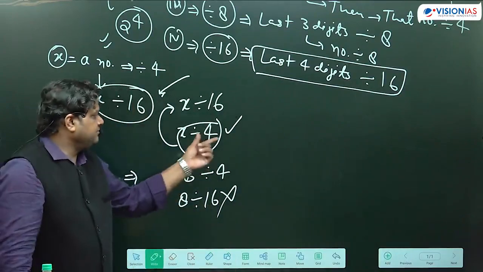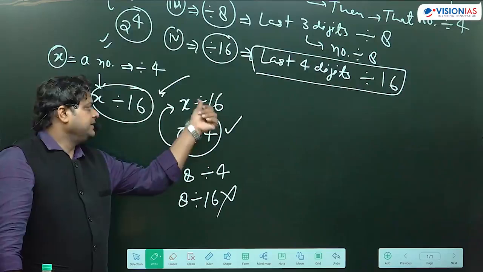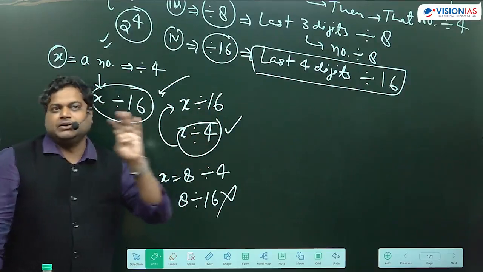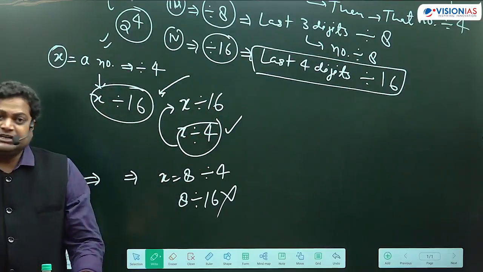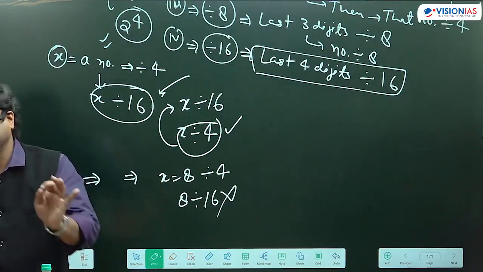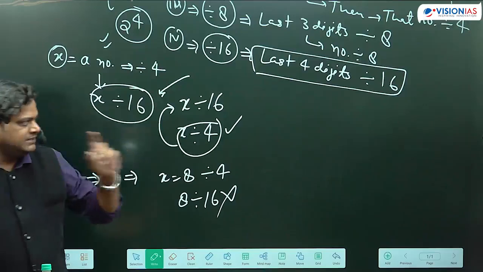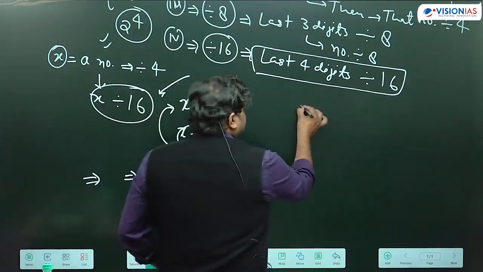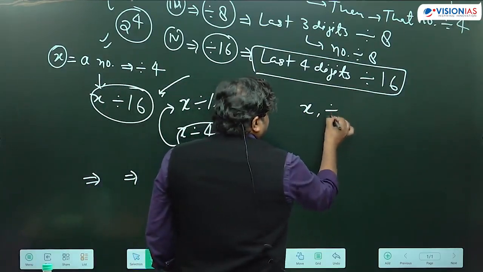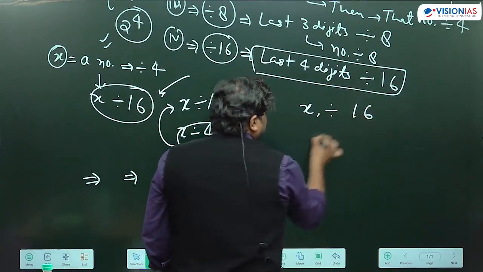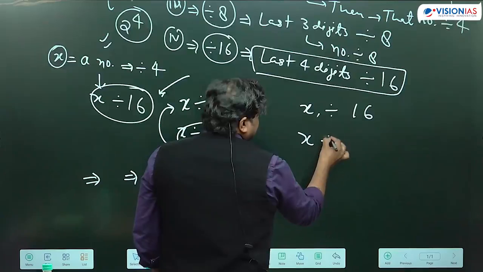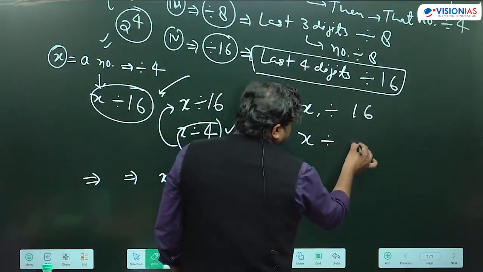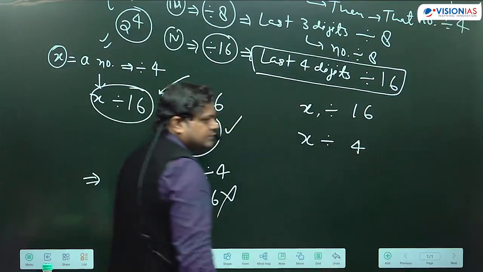But if a number is divisible by 16, that number will also be divisible by 4. So ऐसे statement they can ask. Simply statement. One statement, two statement. First statement is a number x is divisible by 16. This number x is also divisible by 4.